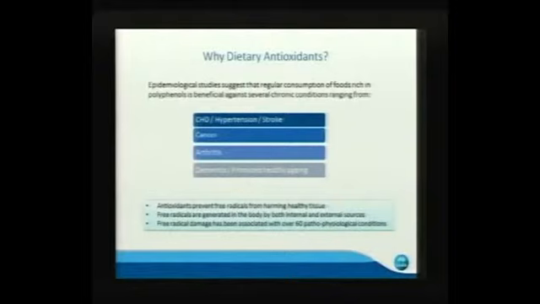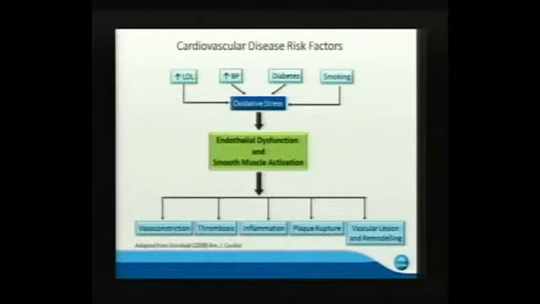The issue comes when we have an imbalance between how much is being produced and how much is wanted, leading towards a pathological state. If you look at cardiovascular disease, which is the focus of this presentation, the current theory is that oxidative stress plays a leading role in vascular inflammation.